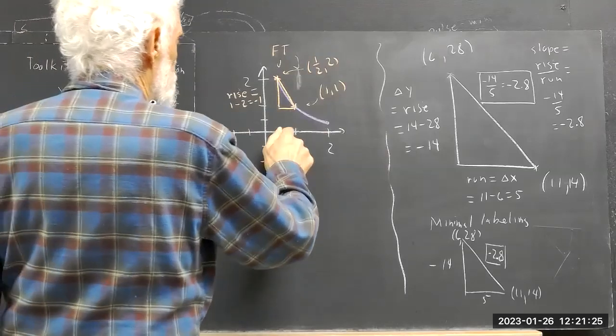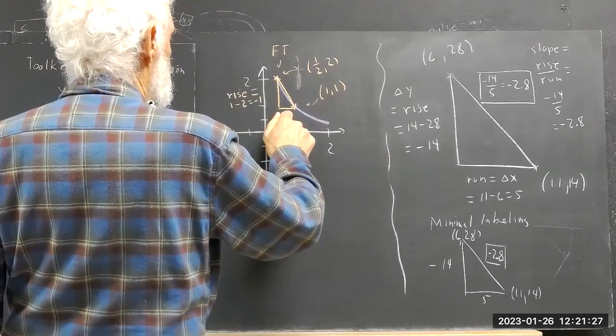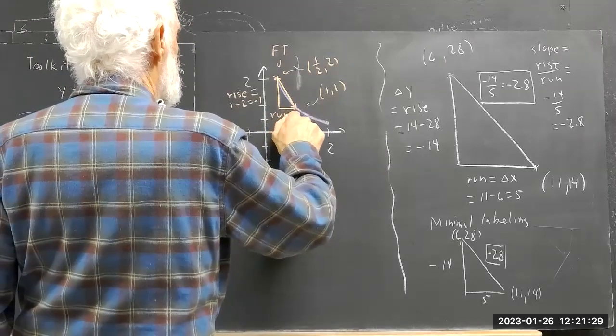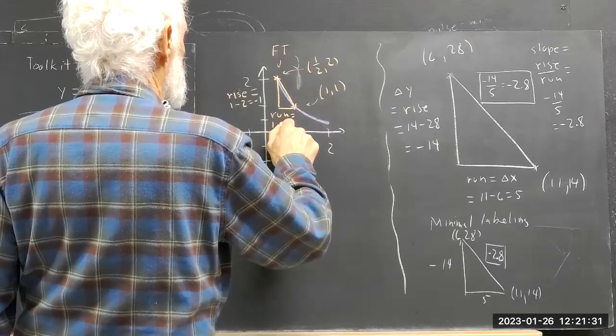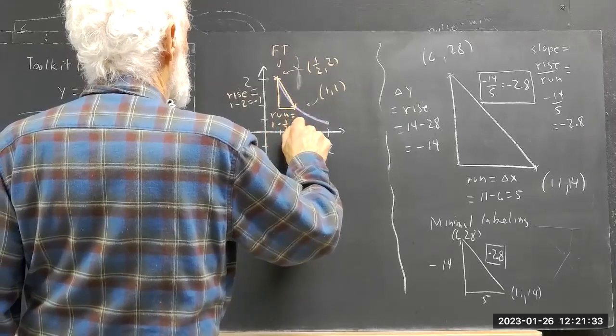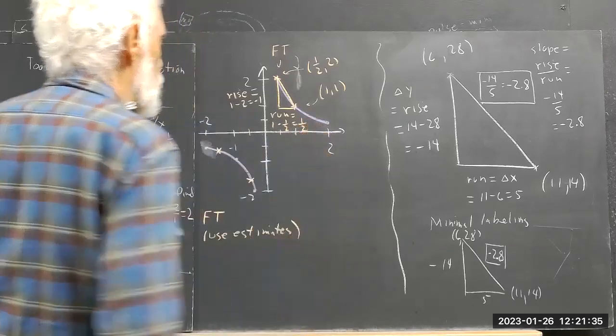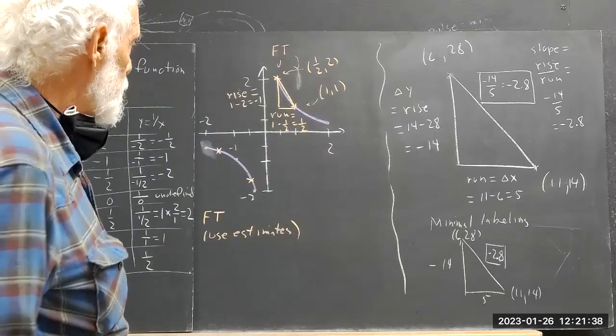Okay, then your run is 1 minus 1/2, which is 1/2.